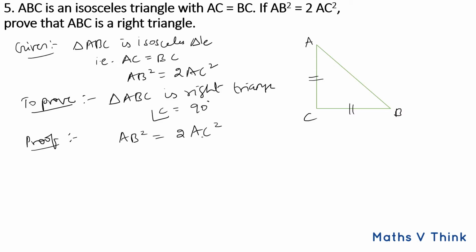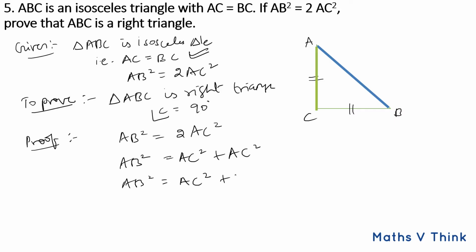Now can I split this as AC square plus AC square? So now in place of one AC, can I substitute BC, which is from the given? So AB square is equal to AC square plus BC square, since AC is equal to BC, given.